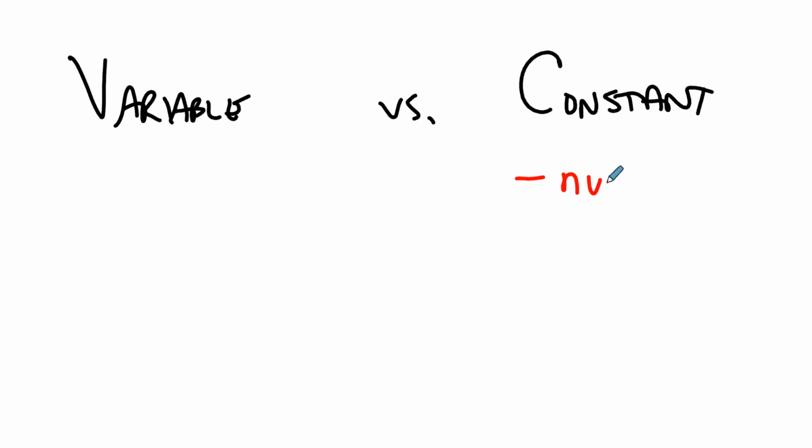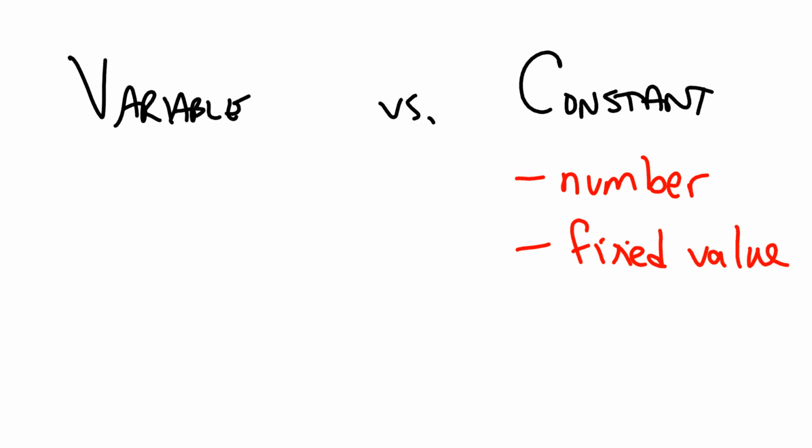Constants are numbers. Constants have a fixed value. Constants are things like 3 and pi and the square root of 2 and -4. Their value is what their value is, and it does not change no matter what the context is.